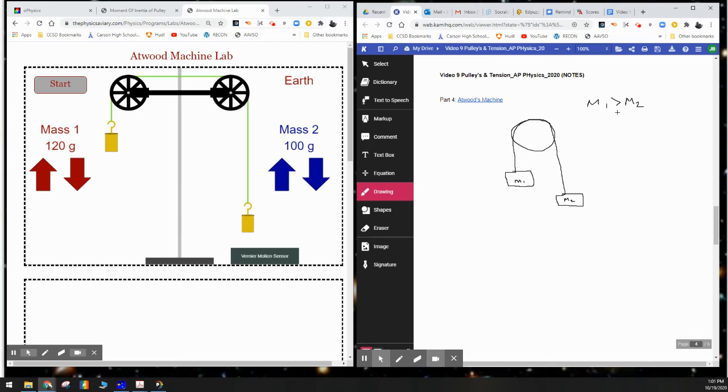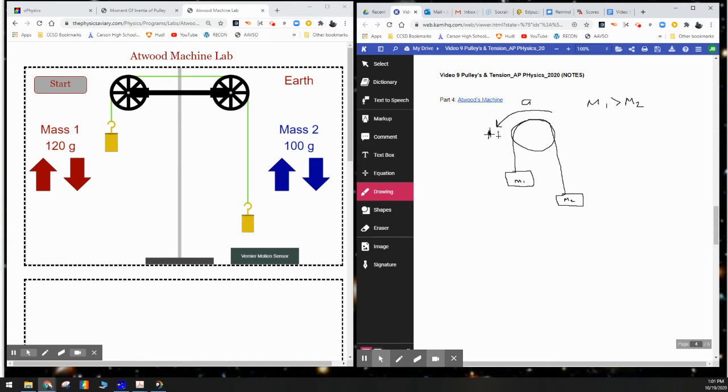Let's see what we got here. If that's the case, then this should rotate in this direction, which means it's going to accelerate in this direction. Therefore, everything moving in this direction is going to be positive. So we'll put positive here, and get rid of this.